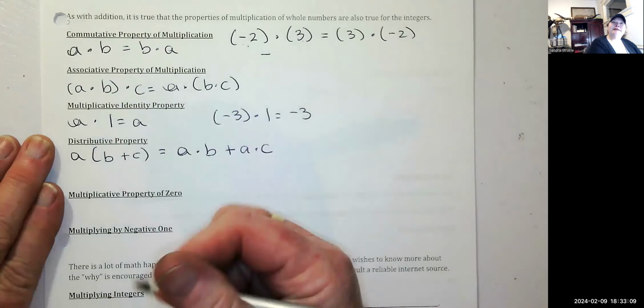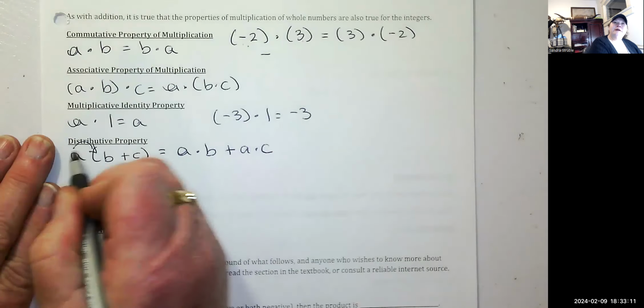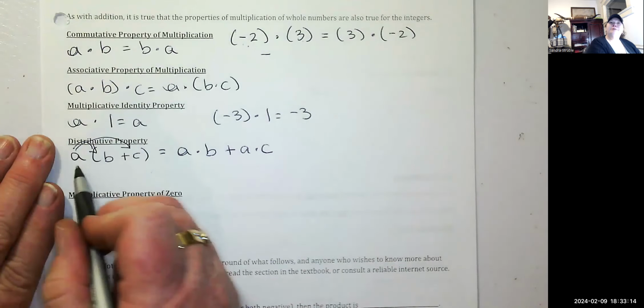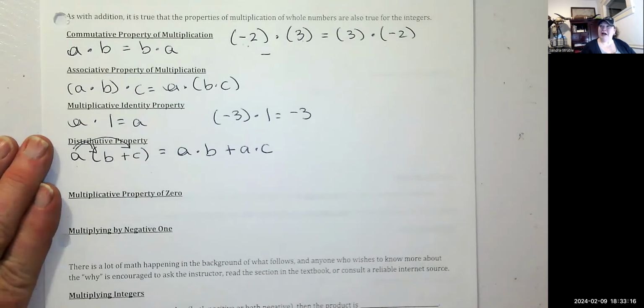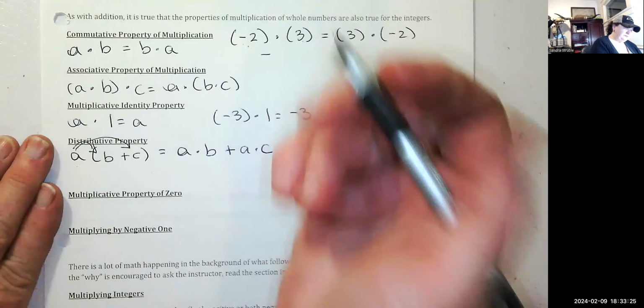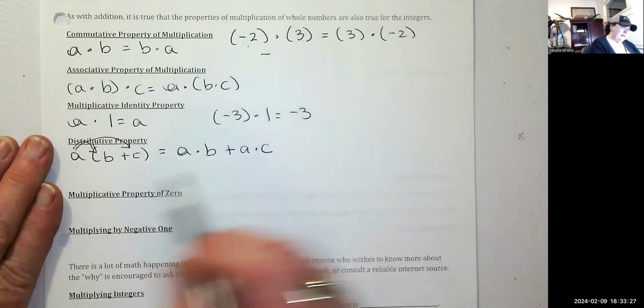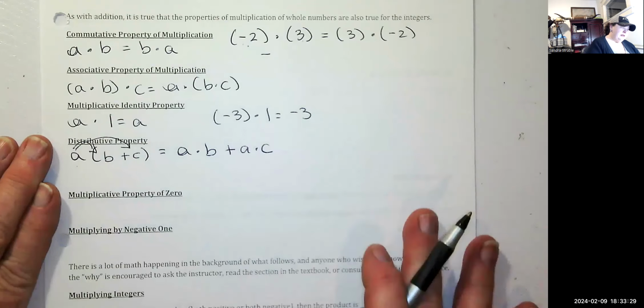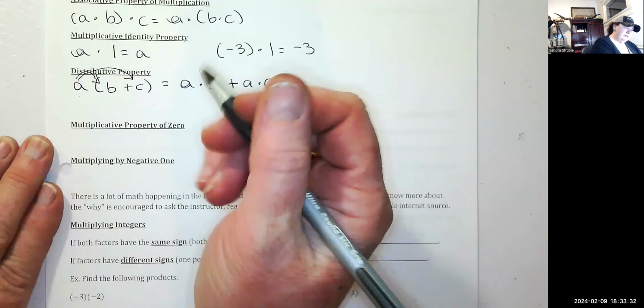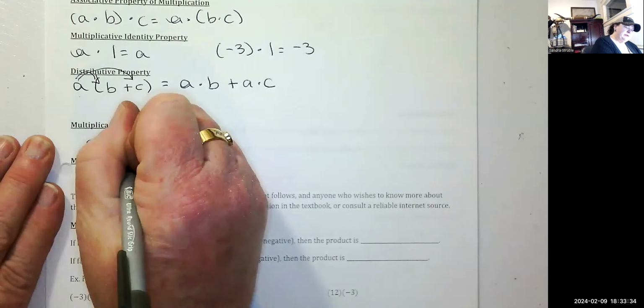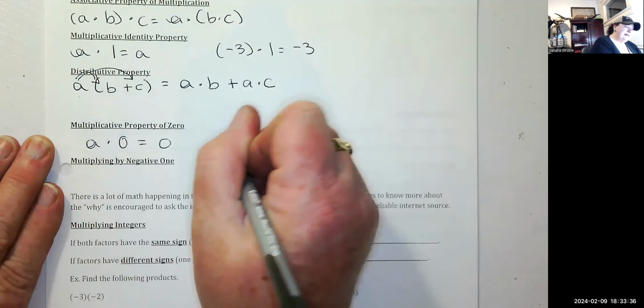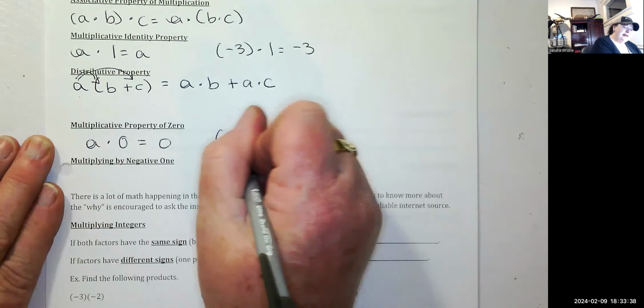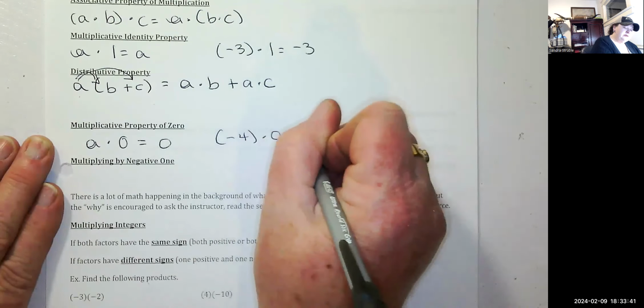Whenever I'm explaining this, you're going to see me drawing arrows to both of these terms, because even in my college algebra and trigonometry class, they're still struggling with this distributive property that you are learning about right now. Let's go to the multiplicative property of 0, and that's just a times 0 is equal to 0. Anything times 0 is, in fact, 0.